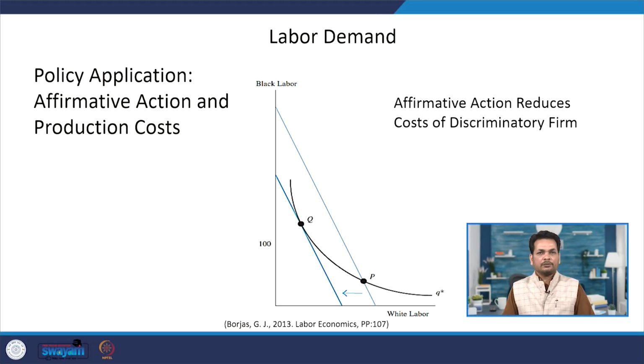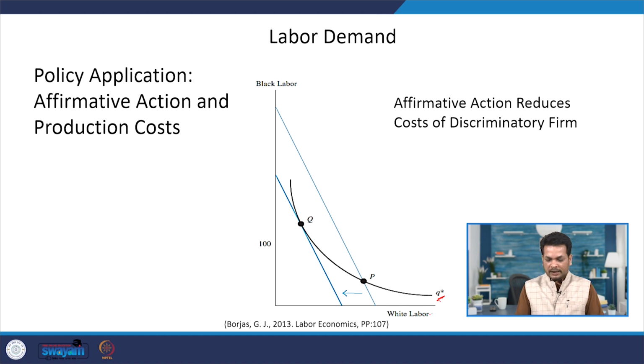So, if we draw, we try to find out what the optimal combination of black and white workers should be employed in order to produce a fixed amount of output by the farm, which is Q star. What is the combination of black and white workers the farm should employ?